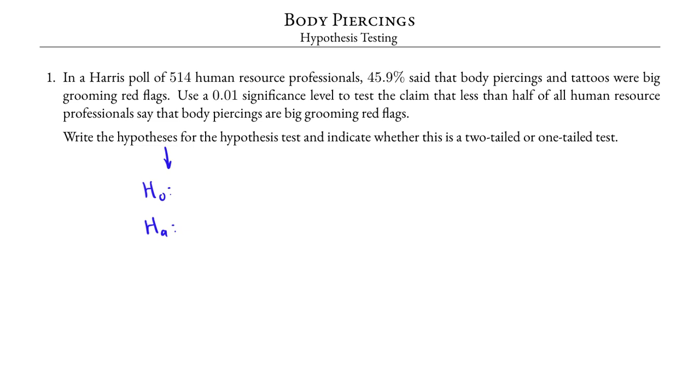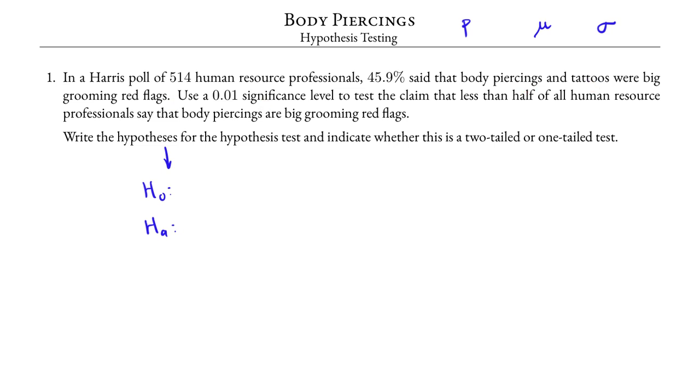We will need to determine whether this is a hypothesis test for the population proportion p, or the population mean mu, or the population standard deviation sigma, and so on. From the problem, we see that this hints it is a proportion problem. But also, if we imagine the survey question, such as, do you think body piercing and tattoo is a big grooming red flag?